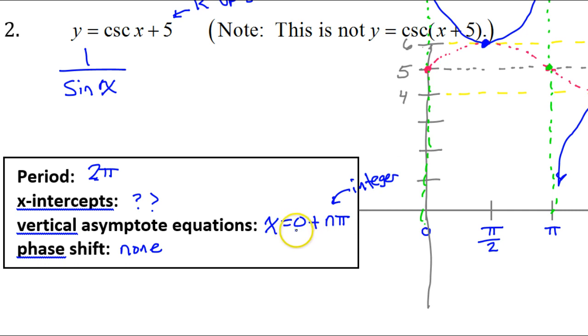But we don't need the 0. 0 plus anything is that thing, like 0 plus 7 is 7. You don't need the 0. So I could just erase that and put x equals n pi. That gives me all of the asymptotes.